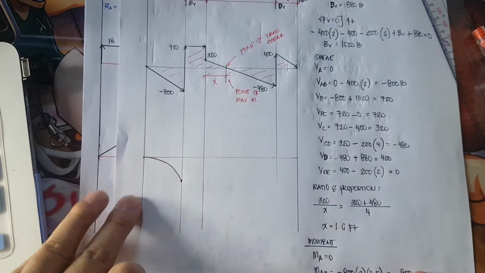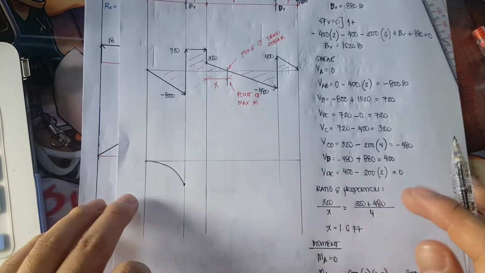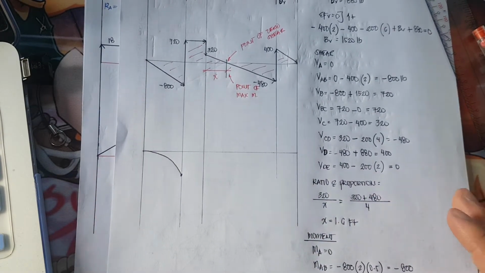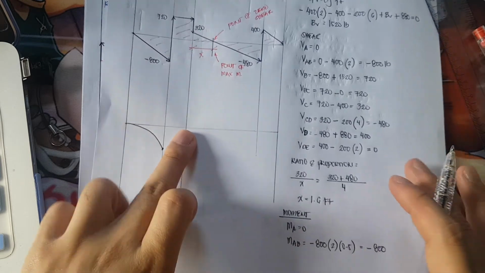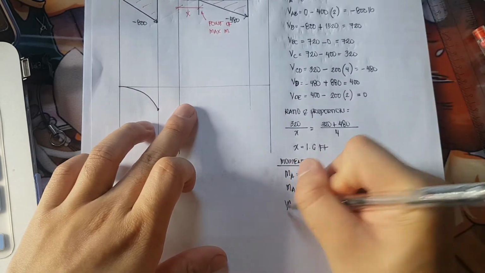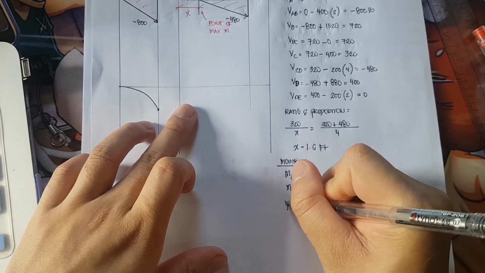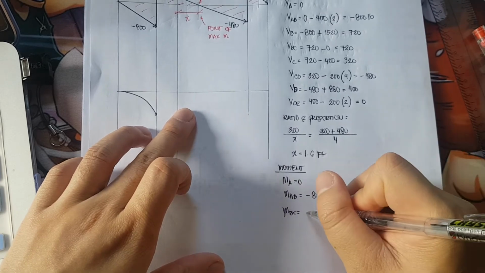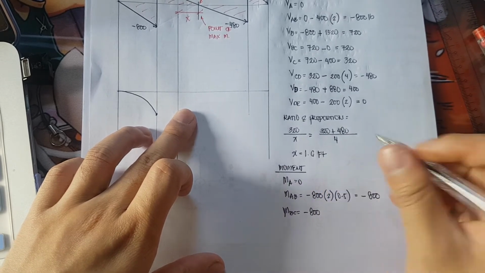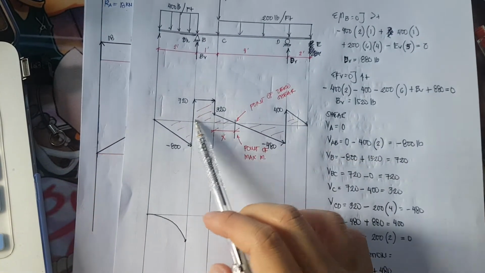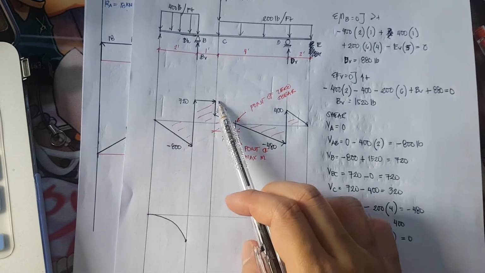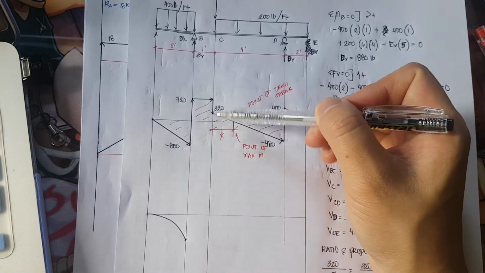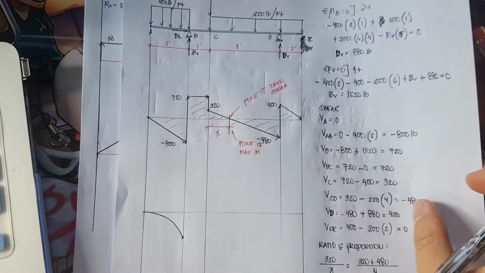Okay. Next, moment BC. MBC is equivalent to negative 800, and this time ang shear natin sa segment BC is positive, that is 720 times 1.